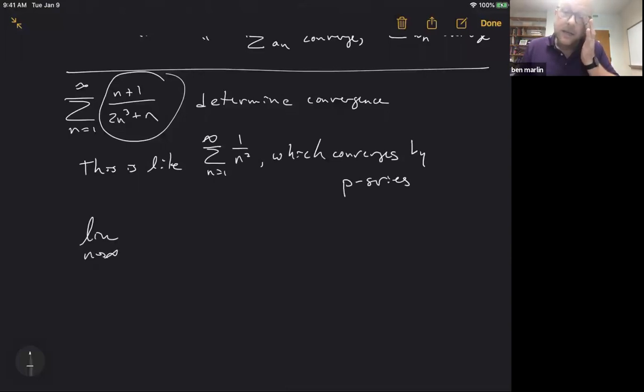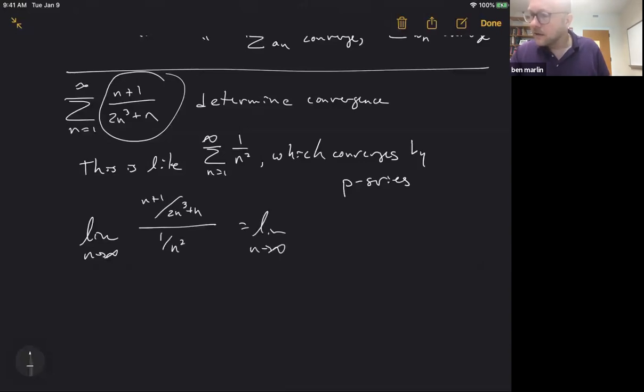Now in this particular case, it doesn't matter which one you put where, but I'm going to put the n plus 1 over 2n cubed plus n on top, and on the bottom I'm going to put the 1 over n squared. And you're going to simplify your fraction there and have your top be n cubed plus n squared, and your bottom be this 2n cubed plus n.